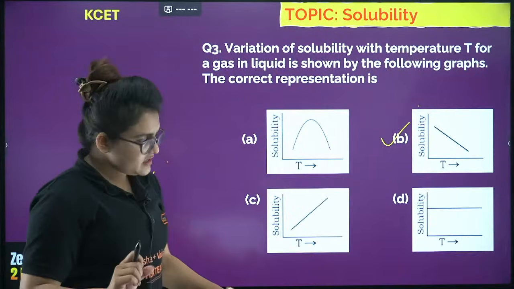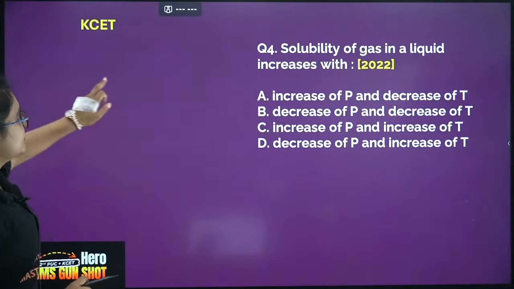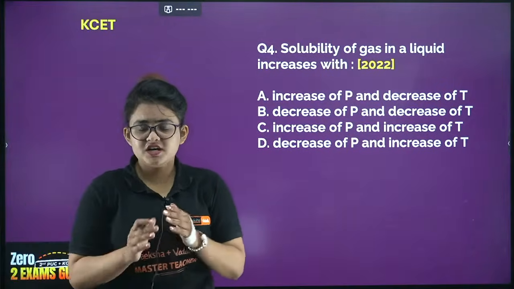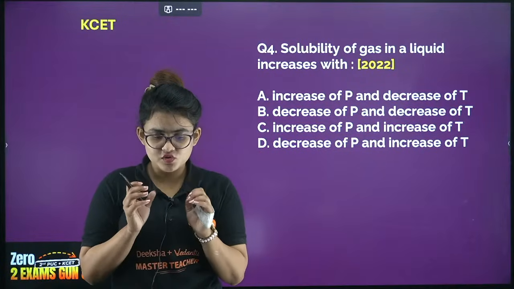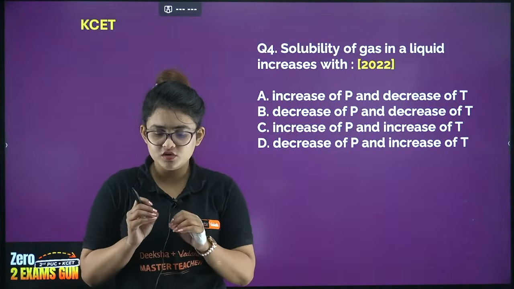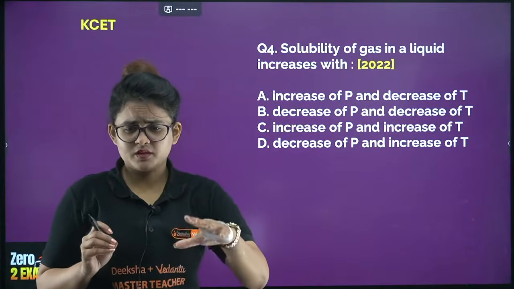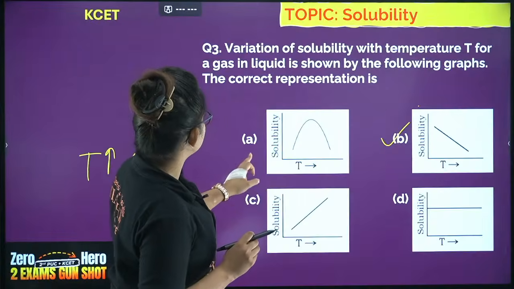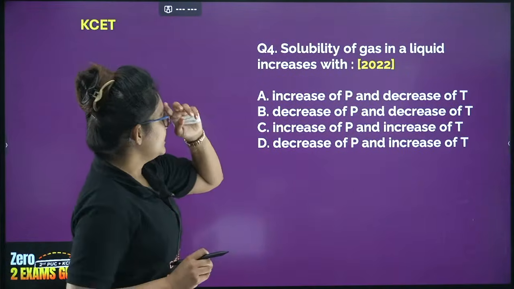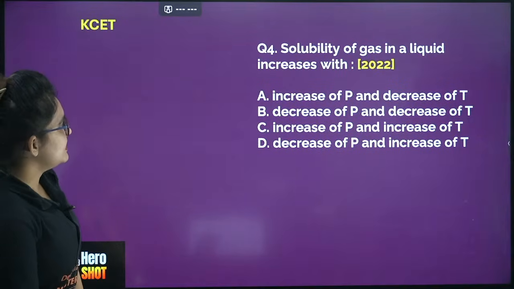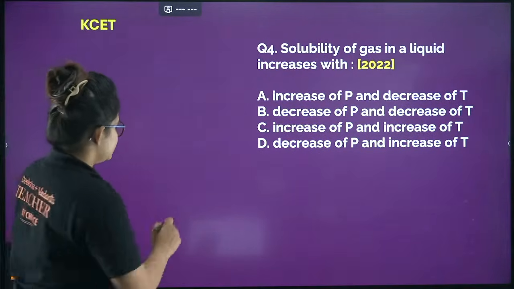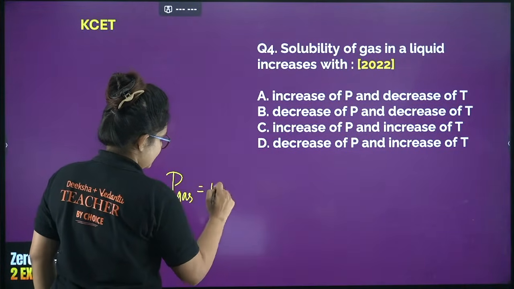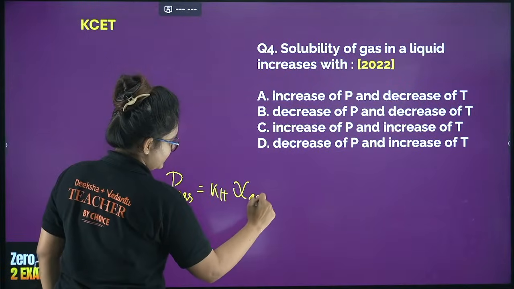Okay, I guess it's clear to you. Let's proceed further. Here you can see the next question. As you can see, solubility of gas, this particular zone is one of the very important zones for the KCET examination as well. I can show you two questions, this is one of the previous year questions as well as this one. Here you can see: solubility of a gas in a liquid increases with, okay, so if you just see this graph, P of gas equals kH into mole fraction of gas, right?